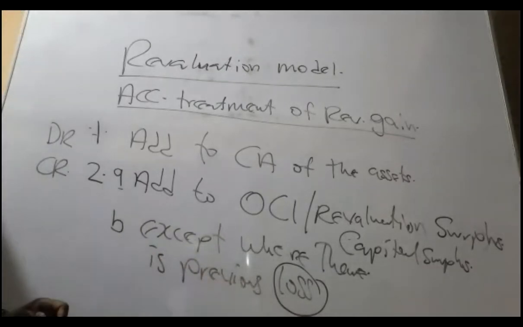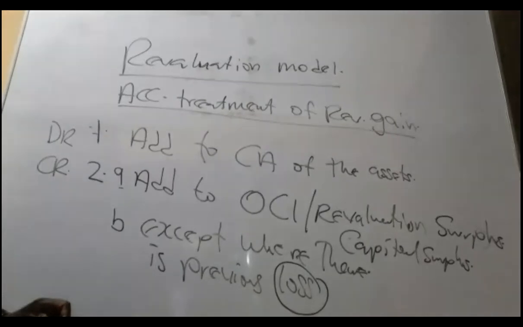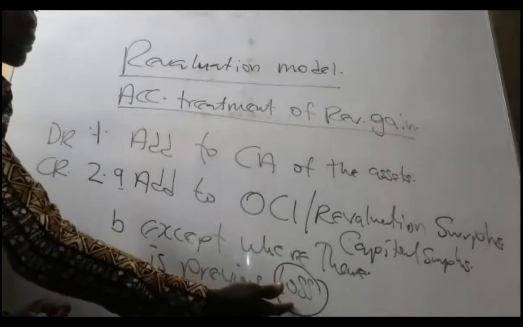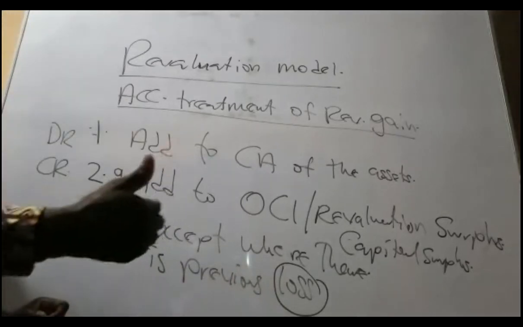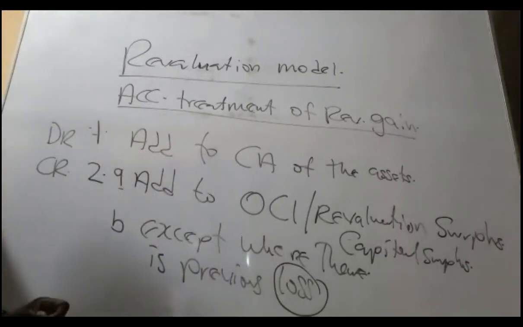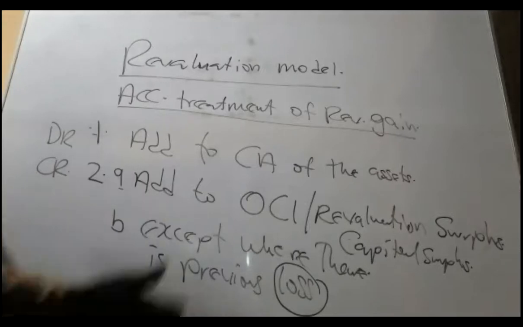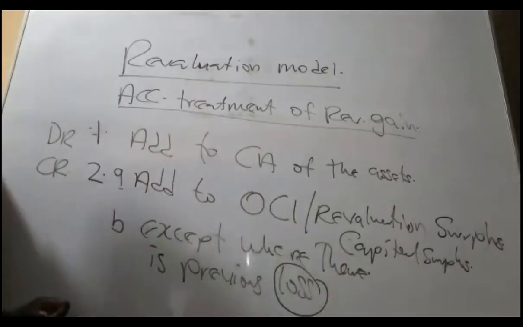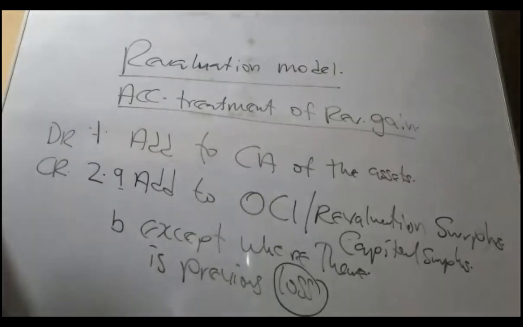Now, in November 2017, the examiner did that. They used impairment loss and revaluation gain. So they were testing the students on how to account for the exception. Then you are done. So now let's use this illustration. Can I take the screen off?